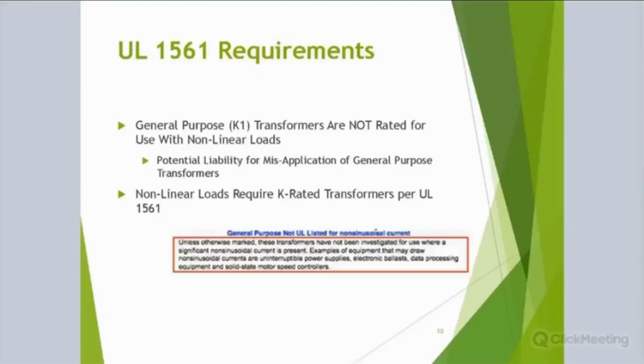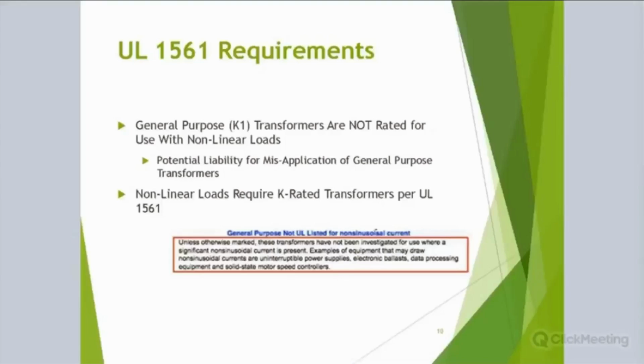The problem is UL recognizes that these transformers are not rated for nonlinear loads. So if you have any electronic load on that transformer, a K1 or general purpose transformer is not UL listed for that.